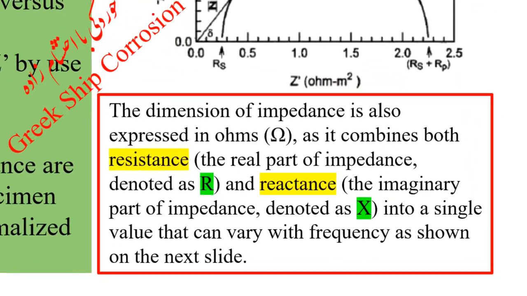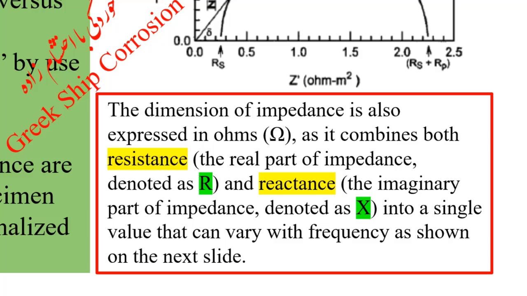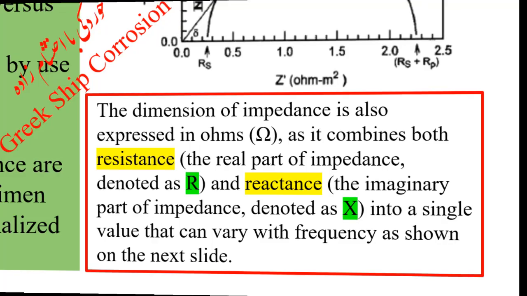The dimension of impedance is also expressed in ohms, as it combines both resistance, the real part of impedance, denoted as R, and reactance, the imaginary part of impedance, denoted as X, into a single value that can vary with frequency, as shown on the next slide.